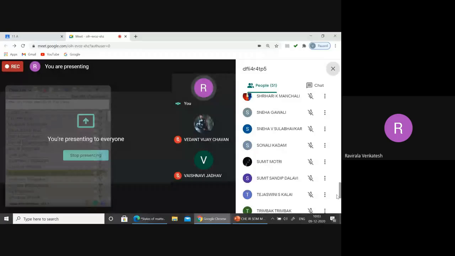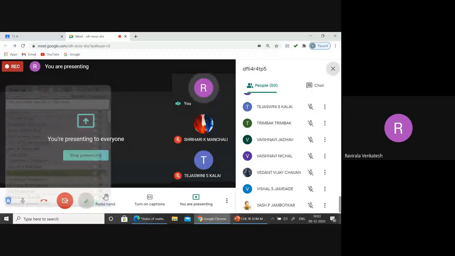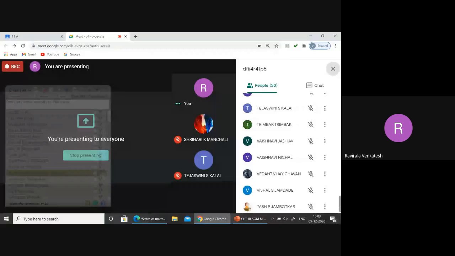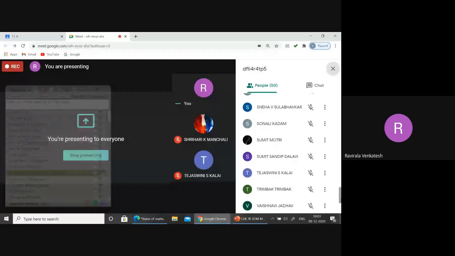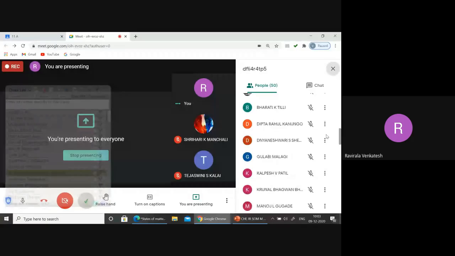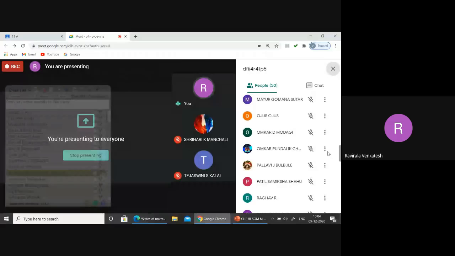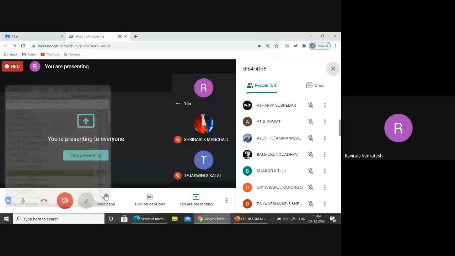Swastika absent. Vaman absent. Dhanashree Patil absent. Chaitanya absent. Anushka absent.